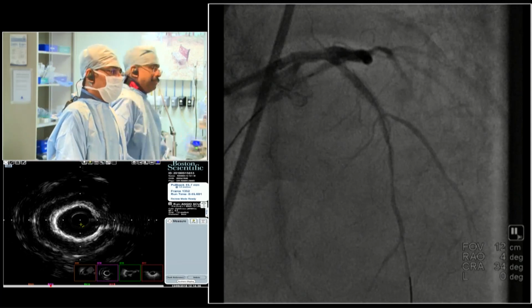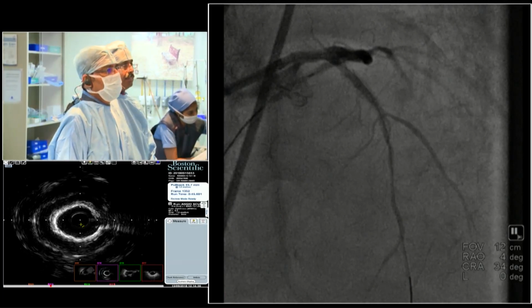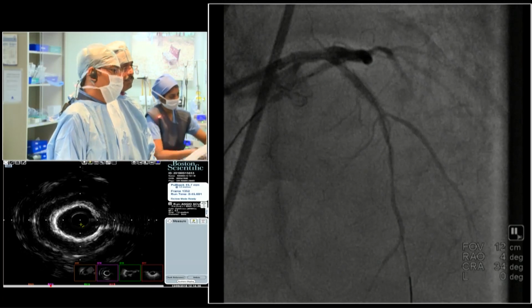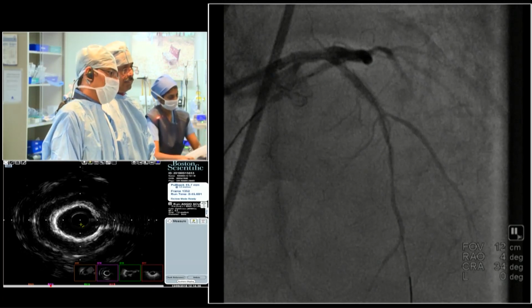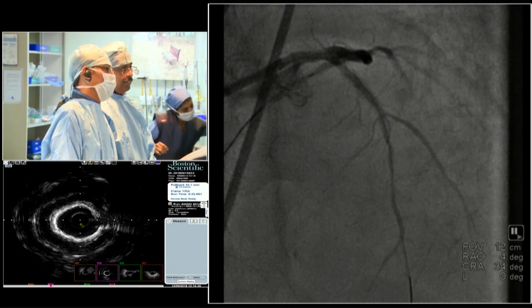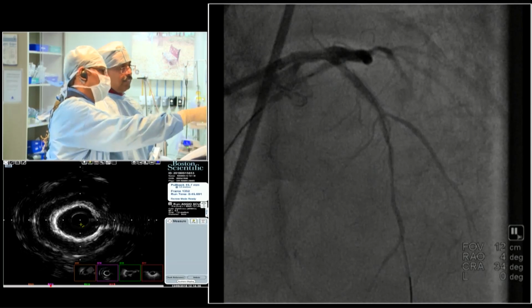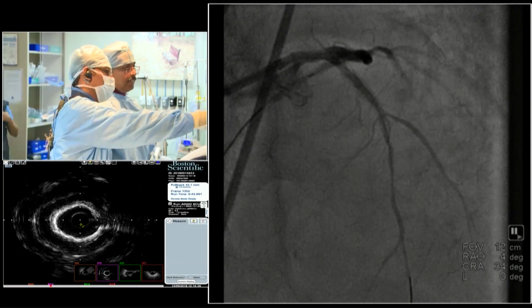Vijay, this is Dr. Ganeshan. What's your comment about OCT? Because in this patient, the role of OCT, because it has better resolution than IVUS. Yeah, we could have done, sir. One is, the patient was a little unstable, so we don't want to use too much contrast.